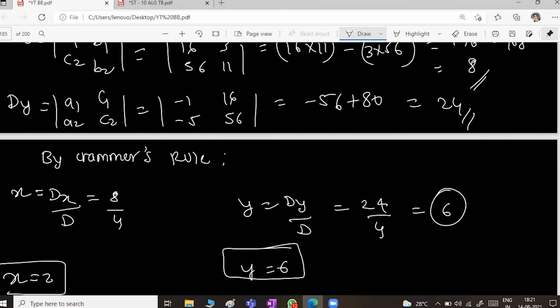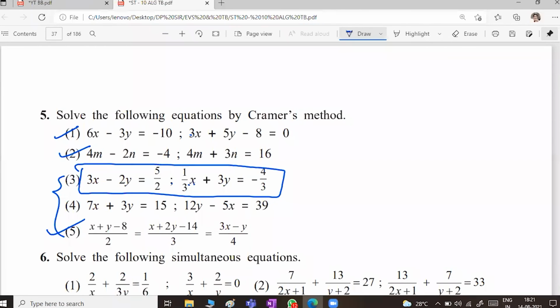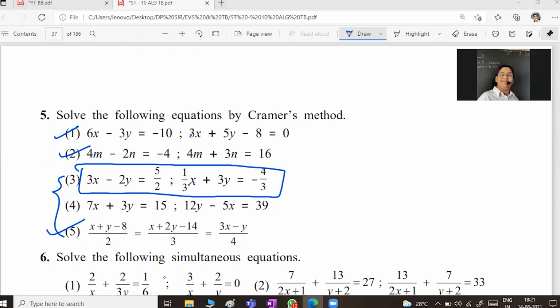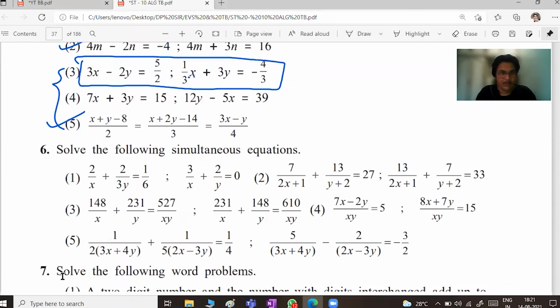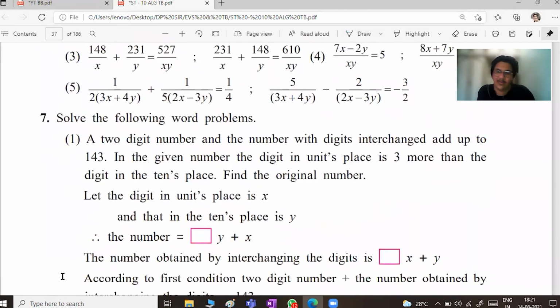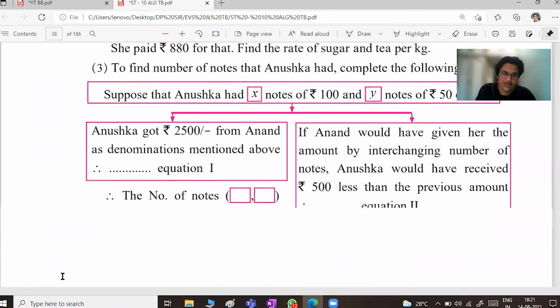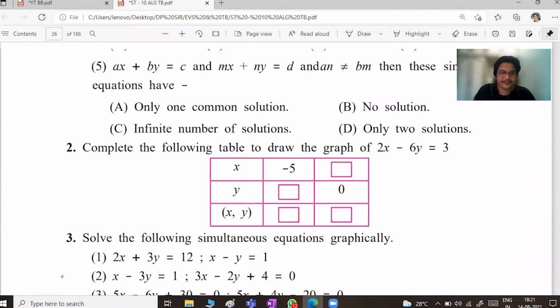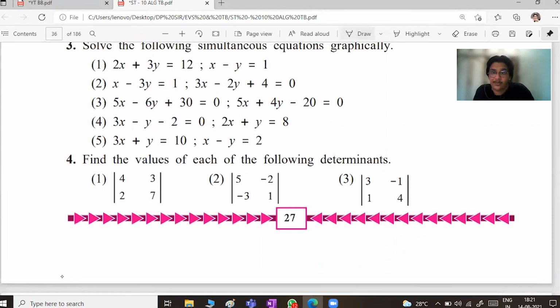So this is the way we had to solve this question. So let me check whatever we have completed till now. हम लोग का क्वेश्चन 5 हो गया, क्वेश्चन नंबर 6 हो गया, 7th हो गया, 4th भी हो गया है.